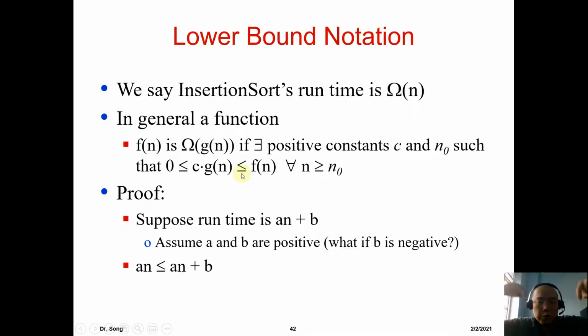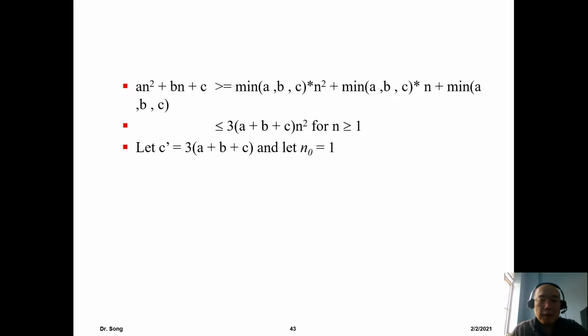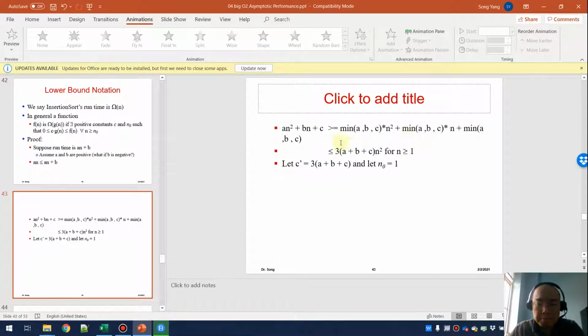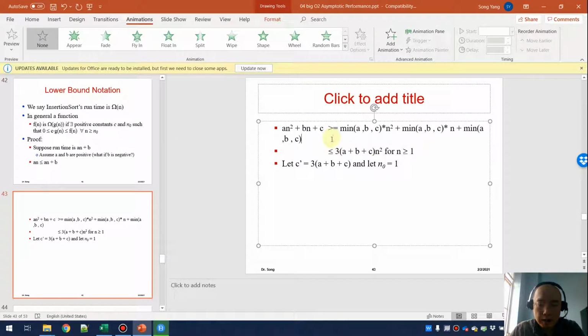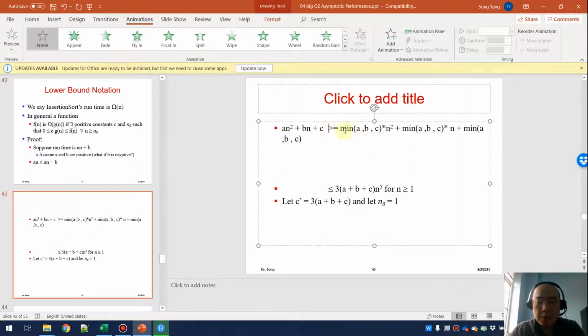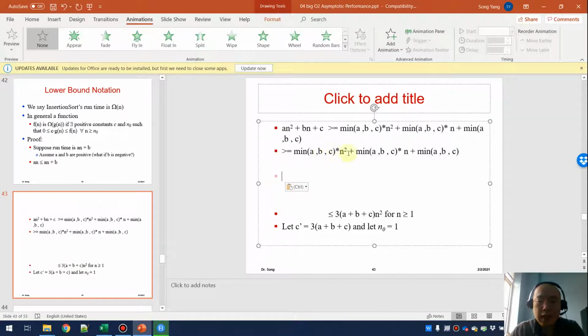So we are trying to find a polynomial guaranteed to be smaller, right? In this case, we have already got this part, so how about we do one more step? We want to get rid of this part.